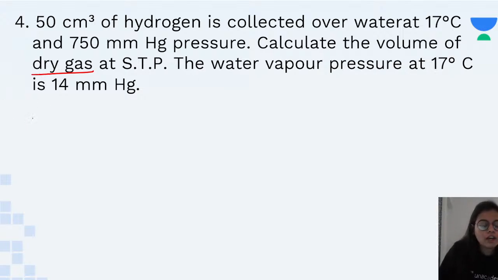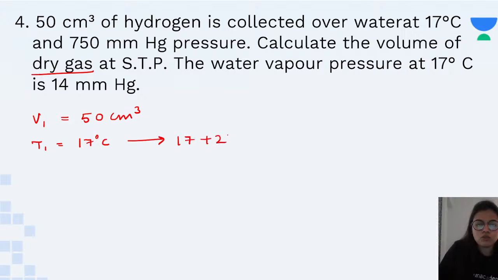First of all, we have been given volume 1 as 50 centimeter cube. Then temperature 1 as 17 degrees Celsius. Converting it into Kelvin, I have 17 plus 273, that makes it 290 Kelvin. And pressure is given to us as 750 mm of Hg.